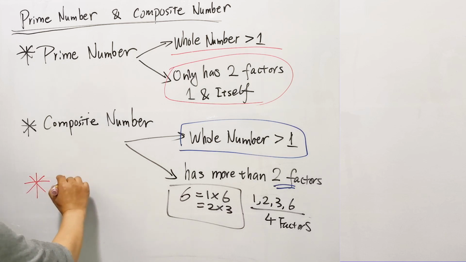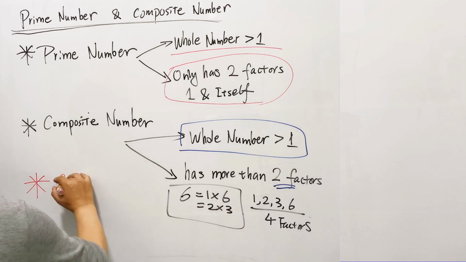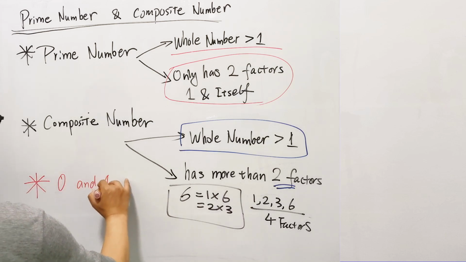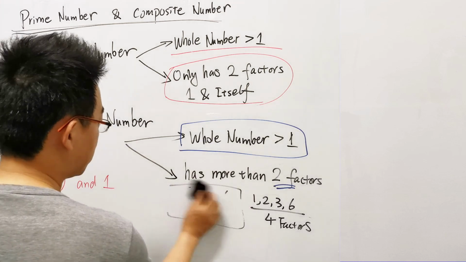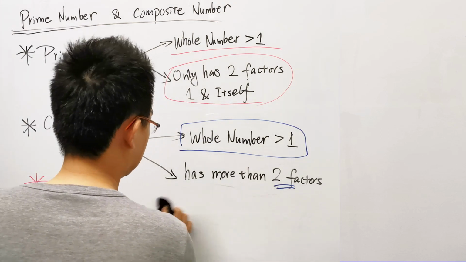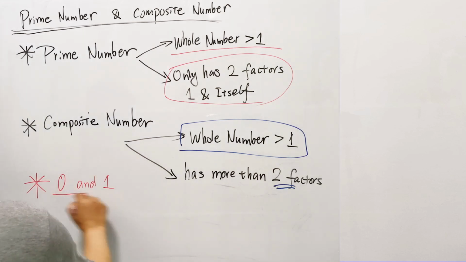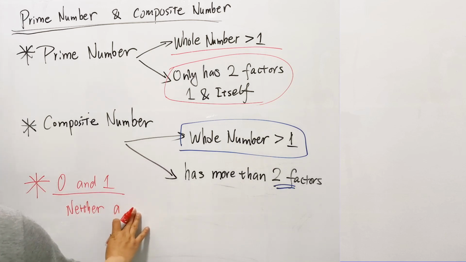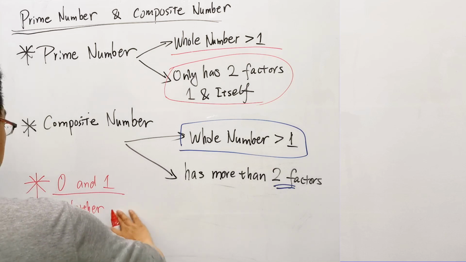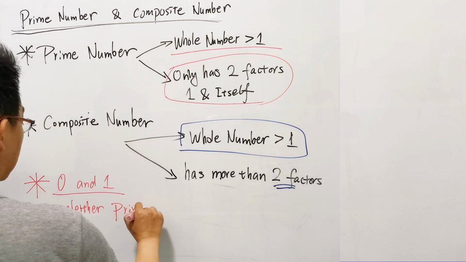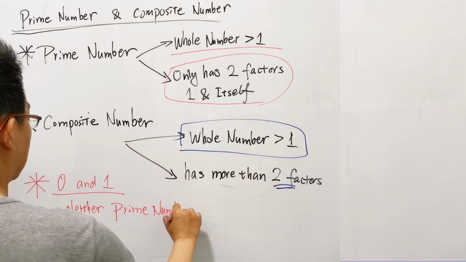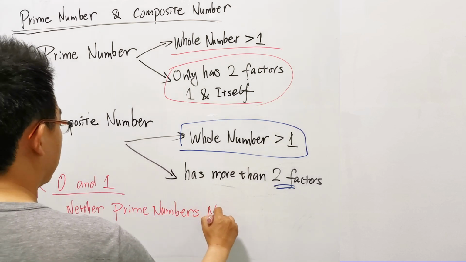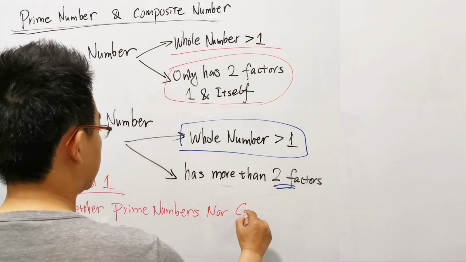0 and 1 are neither a prime number nor a composite number.